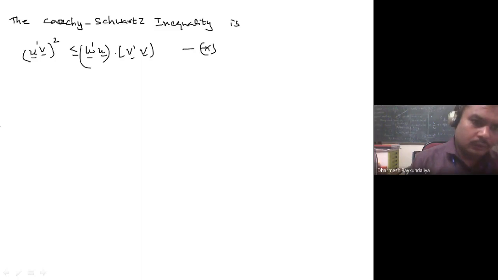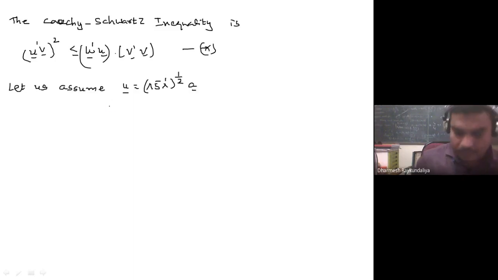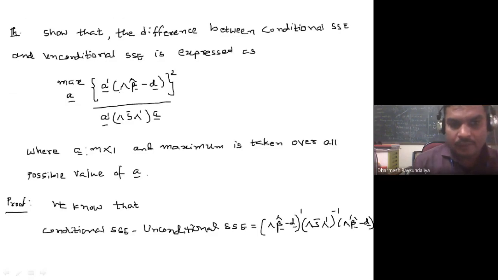So how can we use it? Let us assume U is equal to (lambda S bar lambda transpose) raised to half A. Why are we assuming like that? Because if this is (U dash V) square and this is U dash U, then what should be the V?